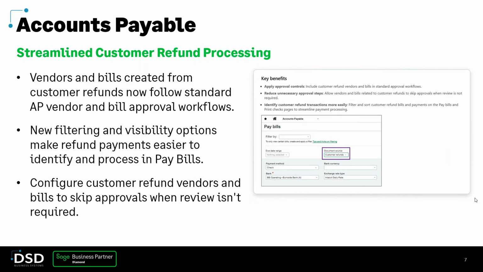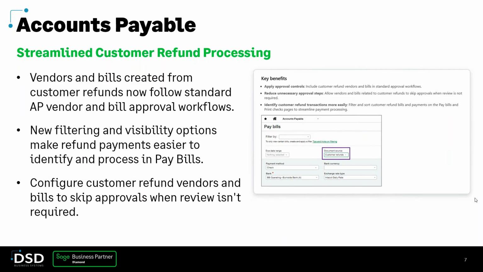So historically, before this function in the module was available, oftentimes you were kind of doing some manual steps to go and put a credit in on the AR, then go and set them up as a vendor and enter in a bill and then pay that bill. With this functionality that came out in that module previously, you can process that through accounts payable.